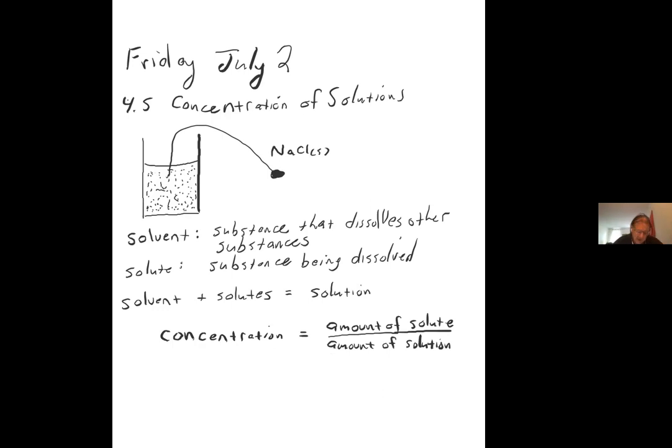Okay, the amount of how much of this sodium chloride you're putting in divided by the amount of the solution. And as I said, there's other definitions we could use, but that's what we'll use for this discussion today.